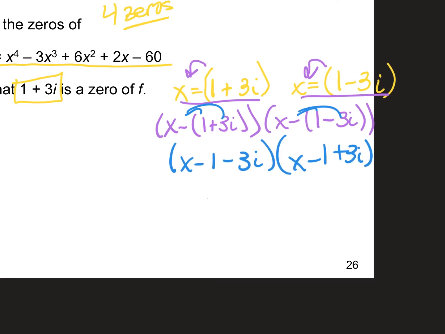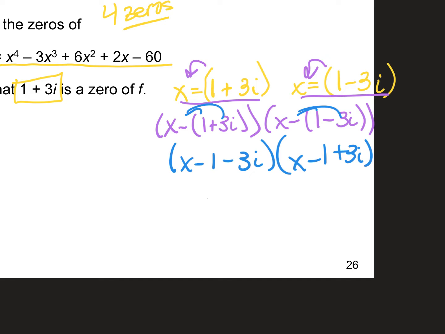Now, we talked about this I guess it was last week. You can multiply this out. You can distribute x to everything in the second parenthesis, negative 1 to everything in the second parenthesis, and then negative 3i to everything in the second parenthesis, and combine like terms, and all of your i's will cancel out.